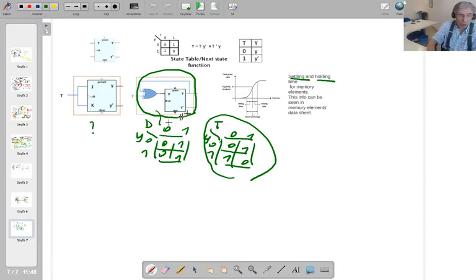Another two terminologies that you might have heard in practice are the settling time and the holding time. Settling time is the time required to change the state of a memory.